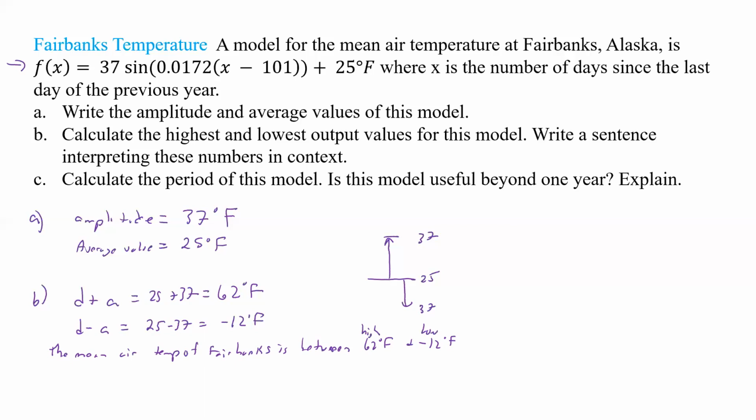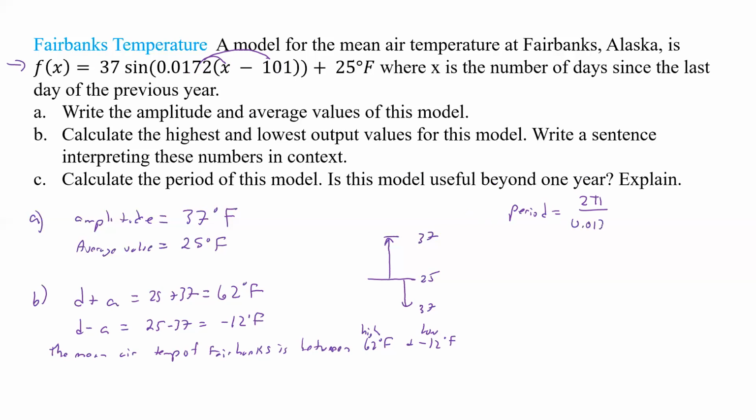All right. C, calculate the period of this model. Well, period, okay, remember that's going to be equal to 2 pi over our B, and B in this case, well, here they sort of split it funny. We have to think and multiply this, because C would actually be 101, negative 101 times that, but B is just going to be the 0.0172.